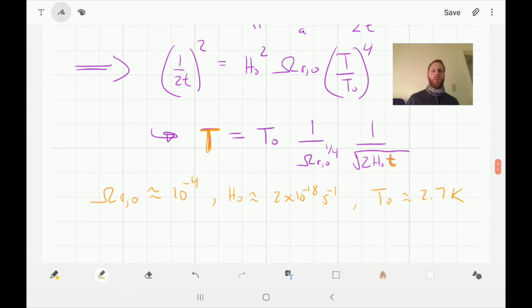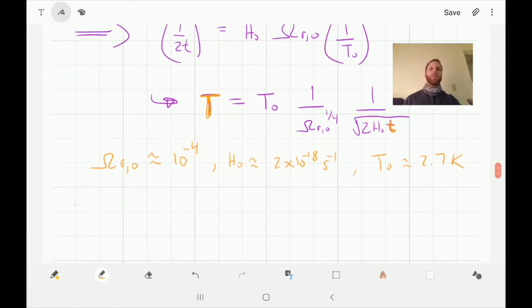Now, I'm not telling you what time, but you should use t, little t, equal to 1 second as a reference value, and then we can see how the temperature would evolve accordingly. So use t equal to 1 second as a reference.